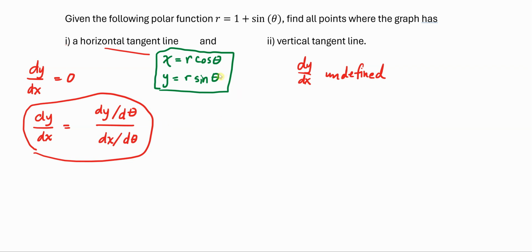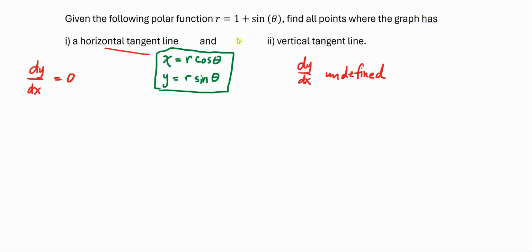This is the conversion that we're going to use. So remember, dy dx is equal to dy d theta over dx d theta, and x and y are related this way. We have a lot of variables and quite a few derivatives, so it's important we keep that in mind. With that in mind, let's get on with the work. I'm going to clean up my screen a little bit, and then we will proceed further.